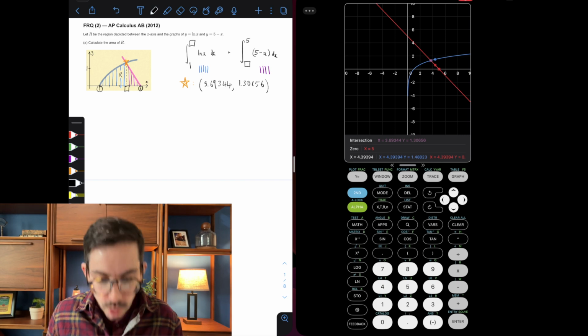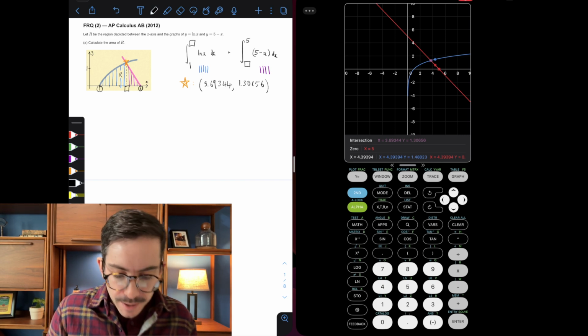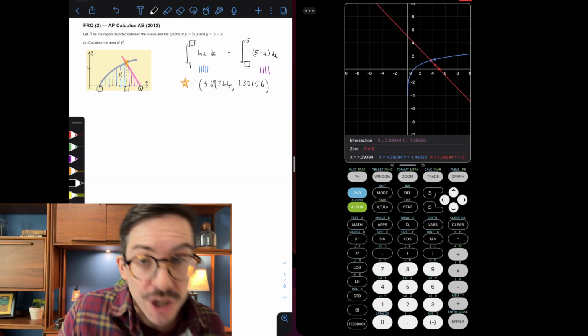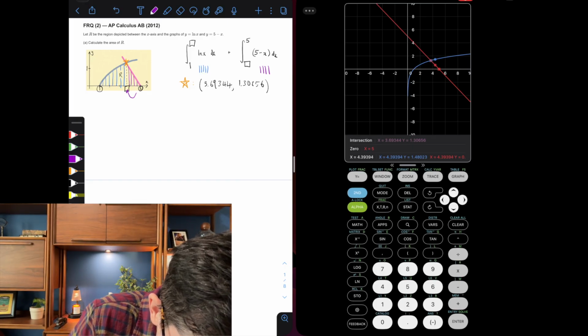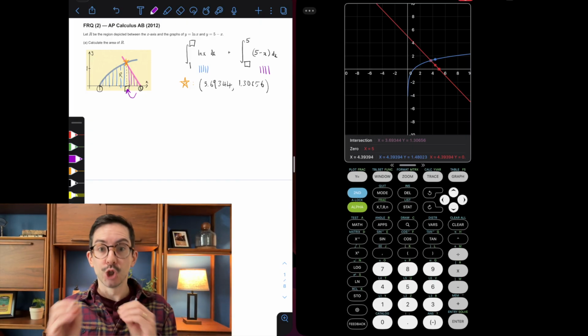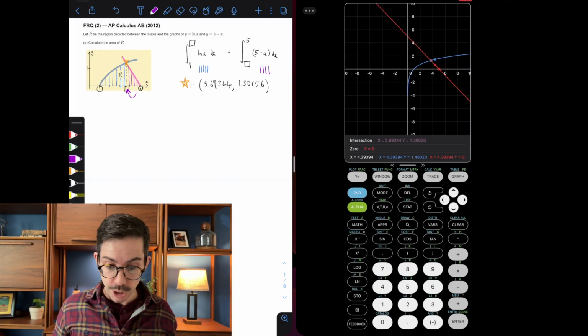Okay, cool. Now, the x coordinate here is this 3.69, right? That is the x coordinate where my rule changes from the log rule to the linear rule.